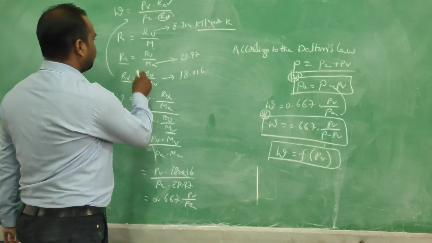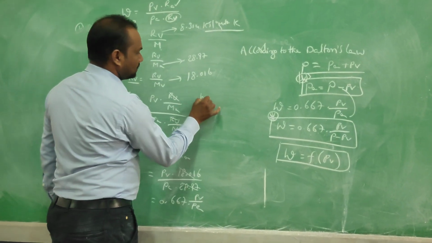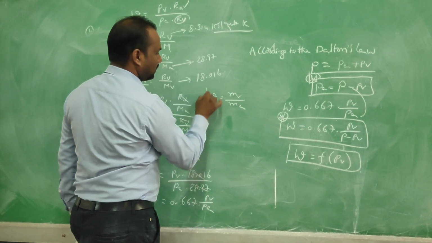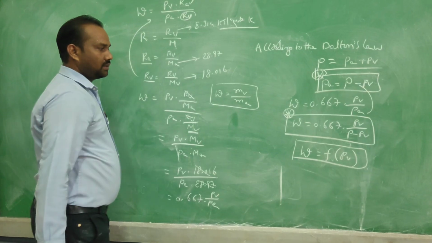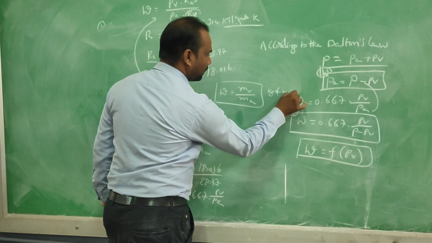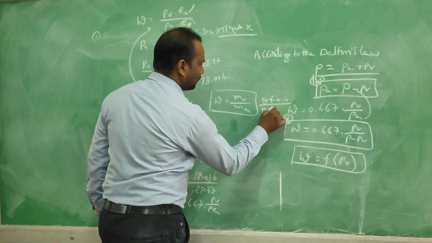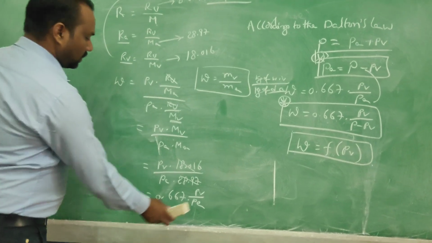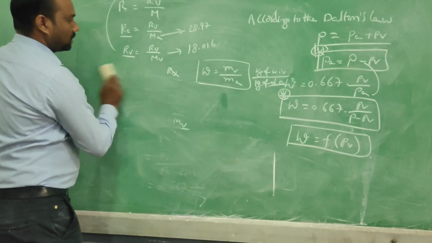And this is the basic definition. Omega is given as the mass of water vapor by the mass of dry air in the given moist air, and it is measured in terms of kg of water vapor by kg of dry air, right? So this is all about humidity ratio or specific humidity.